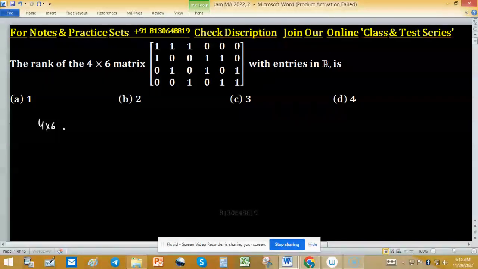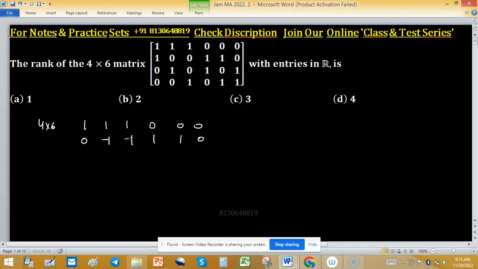The rank of the matrix of size 4 cross 6 with entries in real numbers is asked. To find the rank of this matrix, we will apply elementary row operations on this. After applying elementary row operations, we have an equivalent matrix. There is no change in the first row: 1 1 1 0 0 0. Second row is 0 minus 1 minus 1 1 1 0.